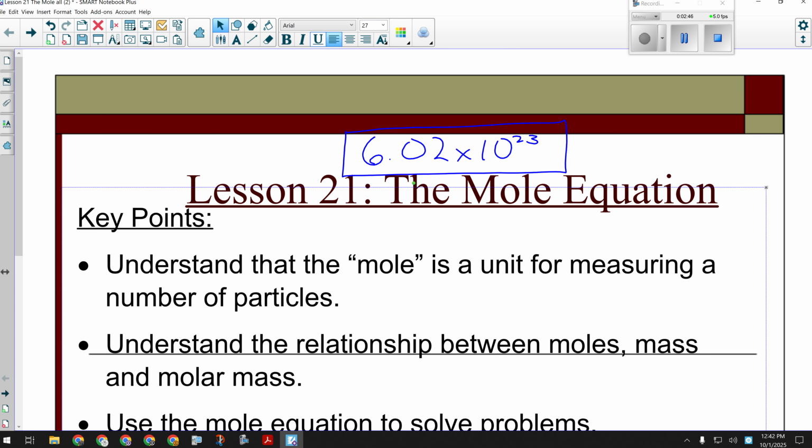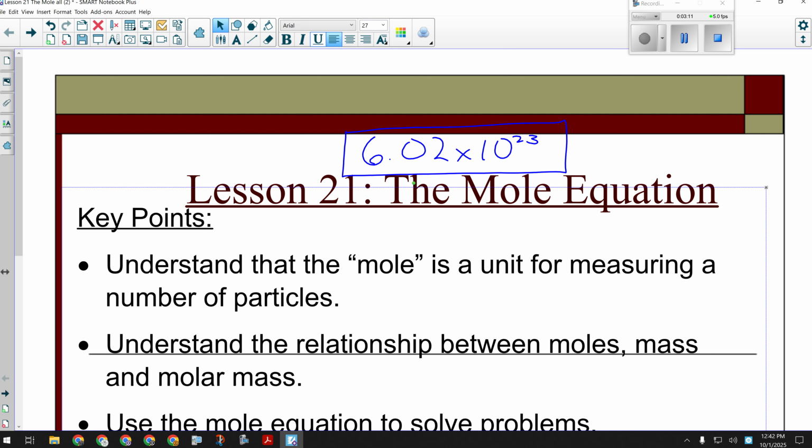If I have a mole of something, that's how much I have, always that number. If somebody says I have 1 mole of water, they have this many molecules of water. If they say I have 1 mole of sodium, they have this many atoms of sodium. A mole is always that number.